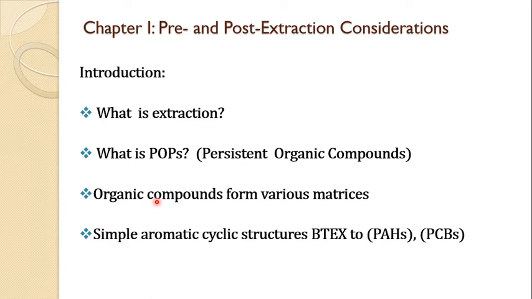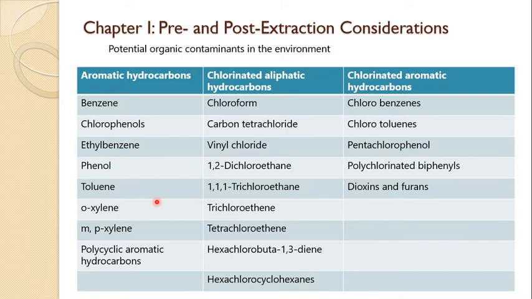From this we go to larger molecular compounds like polycyclic aromatic hydrocarbons or polychlorinated benzenes. We can see in this chart the aromatic hydrocarbons, chlorinated aliphatic hydrocarbons, and chlorinated aromatic hydrocarbons.